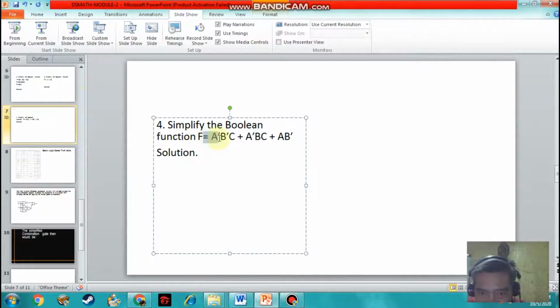May common, di ba? A prime C. Ayun. Nahuli. So, that is equal to A prime C ang common factor. So, B prime yung isa plus ito A prime C B. So B, then plus A B prime.